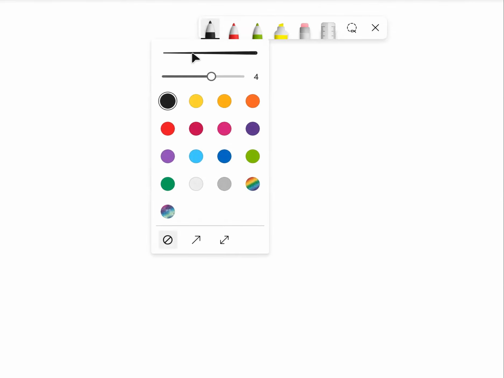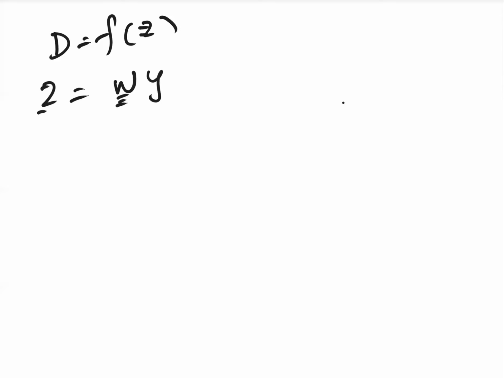Okay. So I have d equals some f of z, and z is a vector, z equals wy plus b. I want the derivative of d with respect to y. What's this going to be? Can anybody tell me? But what will the formula be?